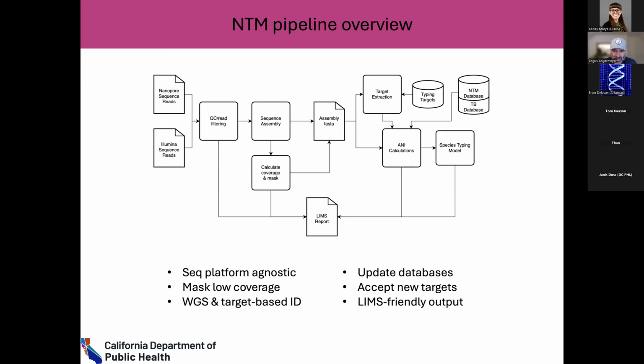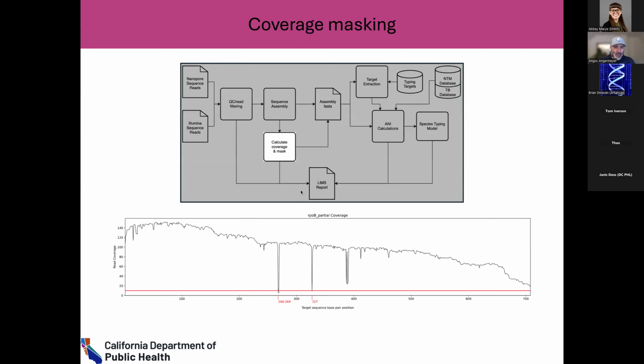It computes those as best as it can, and that gets fed into the model where I try to make a final decision about what is going on in the sample. And of course, it's nice to go into a LIMS-friendly output so laboratorians can take a look, confirm it, and put it into their database as necessary. The calculate coverage and mask step I wanted to point out because it's an interesting thing.